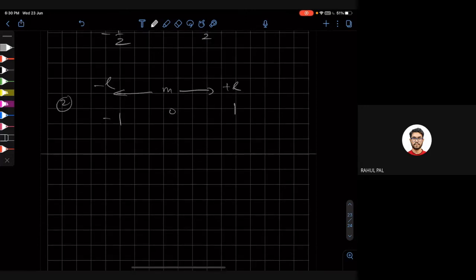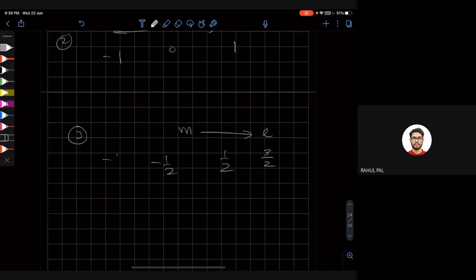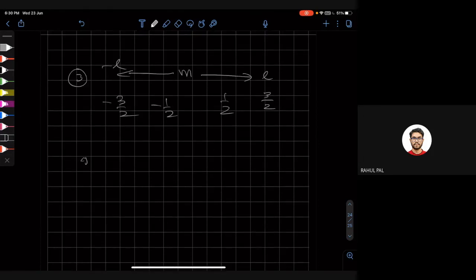This is another example. Third example is the highest value of M can be, say, 3 halves, then it can hop down to half, and then minus half, and then minus 3 halves. Remember that M can only change by 1 unit. And then there are an infinite number of examples. I'm just going to give you 4.